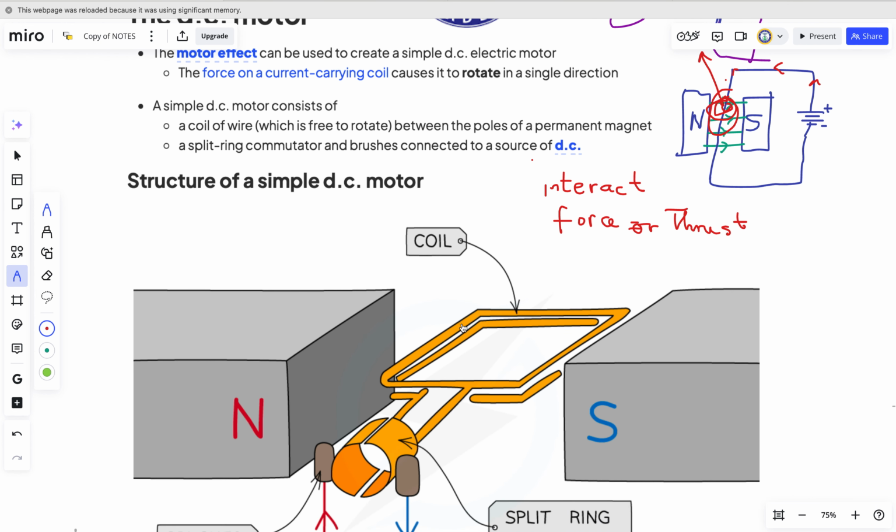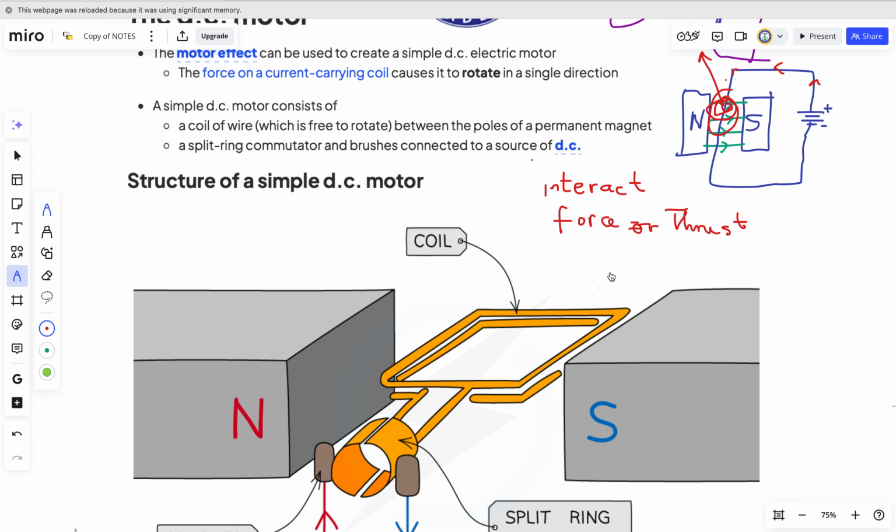The first thing it comprises is a rectangular array of coil. So instead of just one straight conductor, we make a rectangular coil between the north pole and the south pole of a magnet.